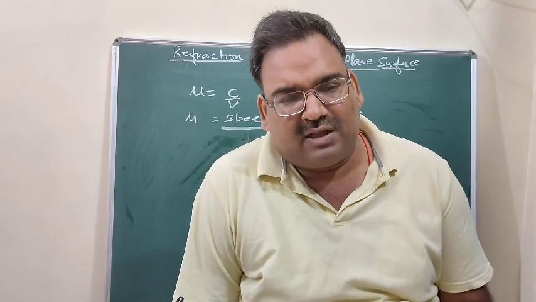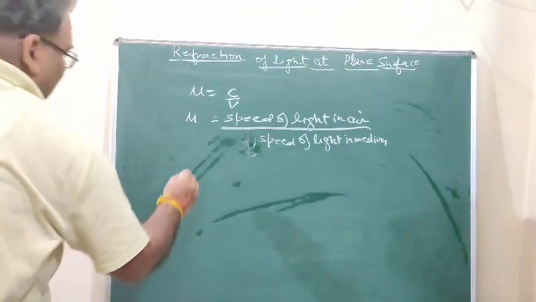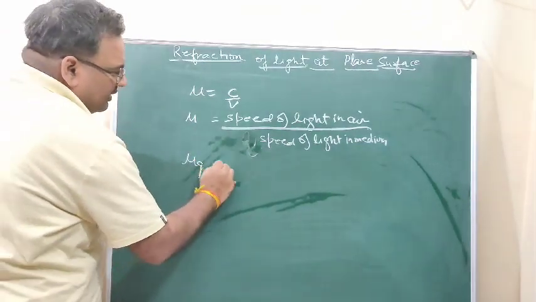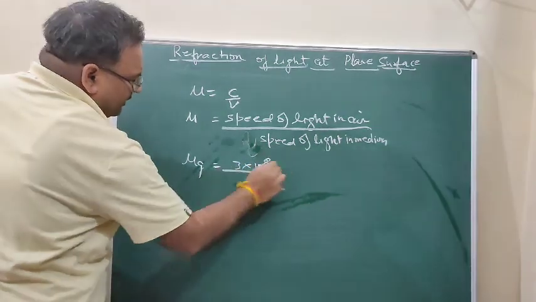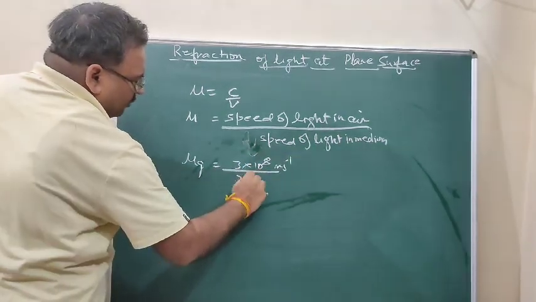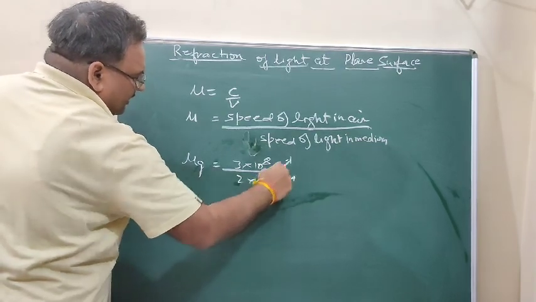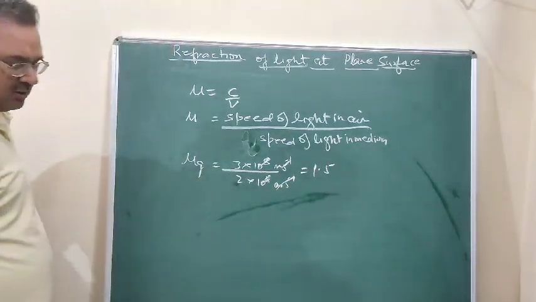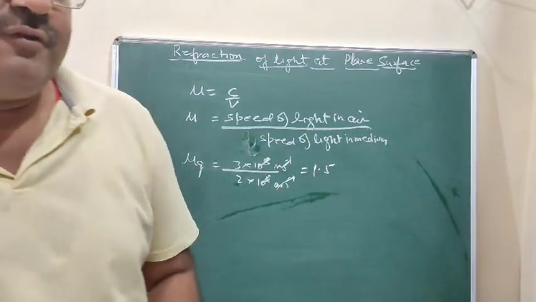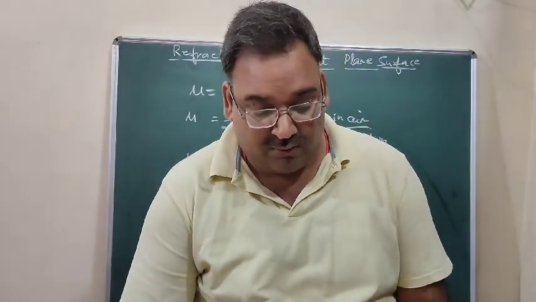We have to find out refractive index of glass, mu g. Speed of light in air is 3 into 10 raised to power 8 meter per second, upon 2 into 10 raised to power 8 meter per second. It is 1.5. So refractive index for glass is 1.5.